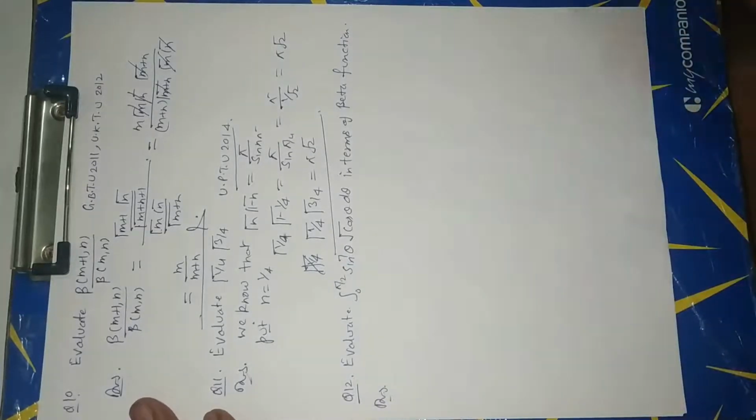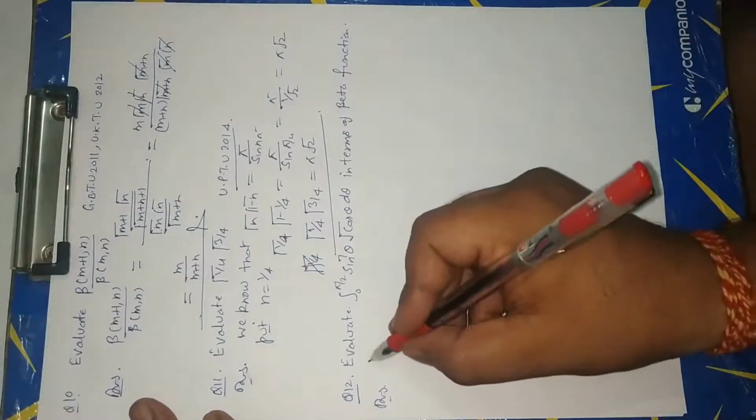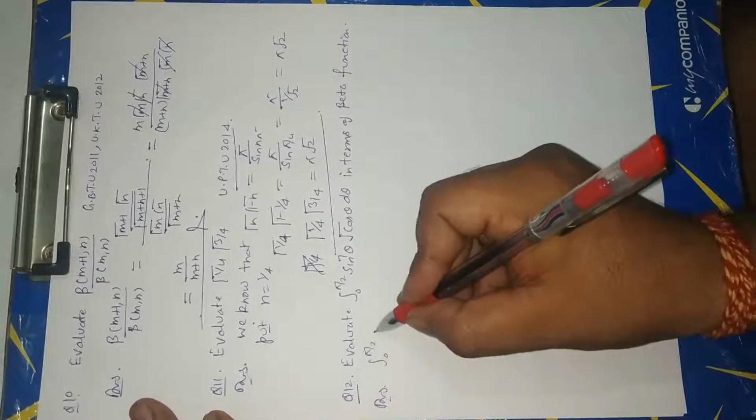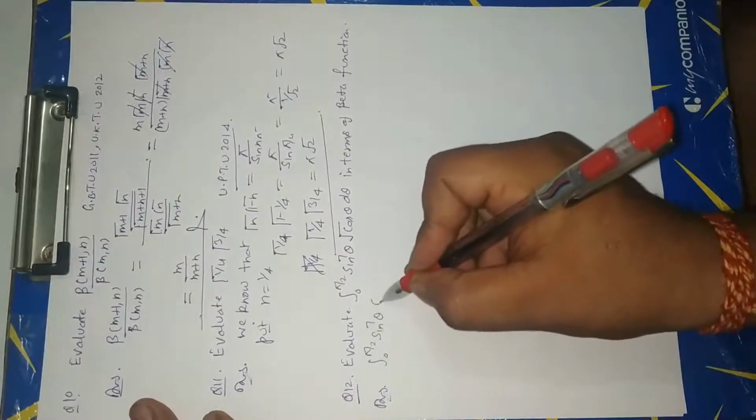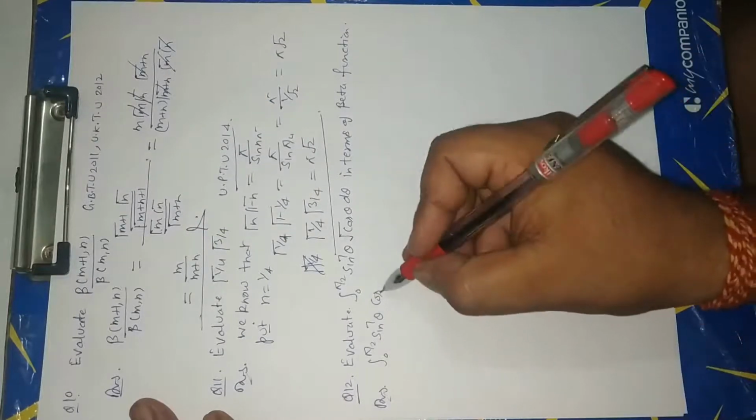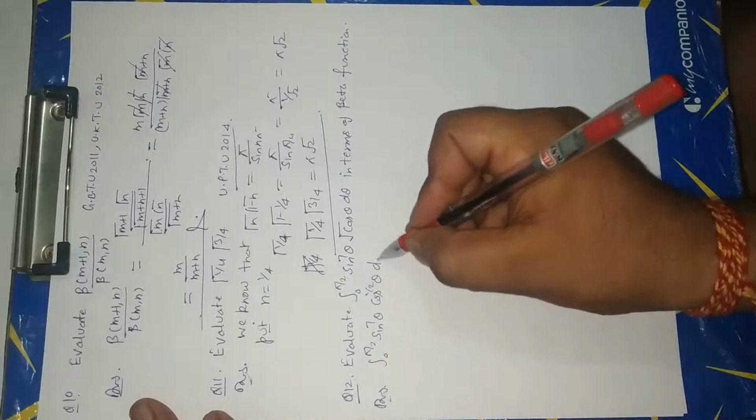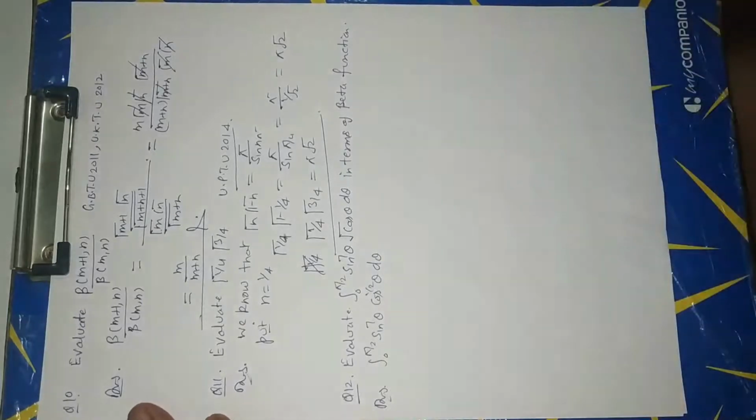Now solution. Integral limit 0 to pi by 2 sin to the power 7 theta cos to the power 1 upon 2 theta d theta.